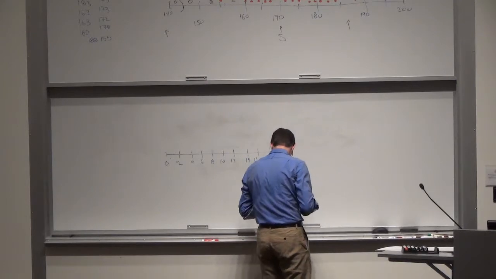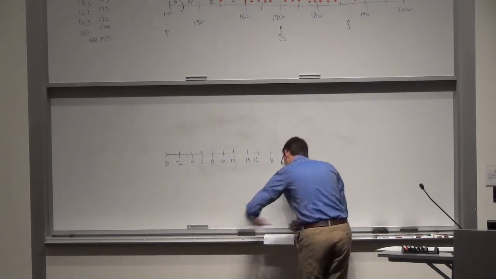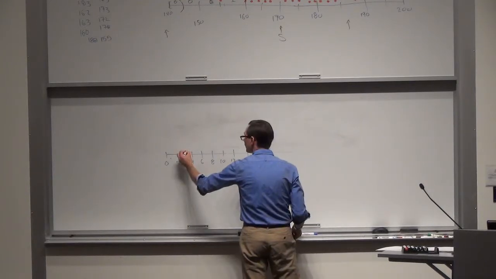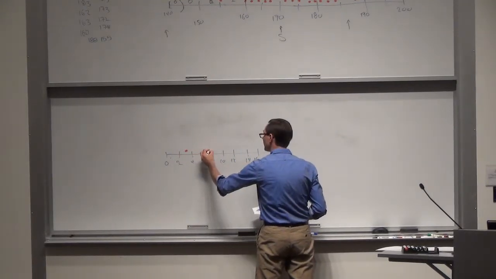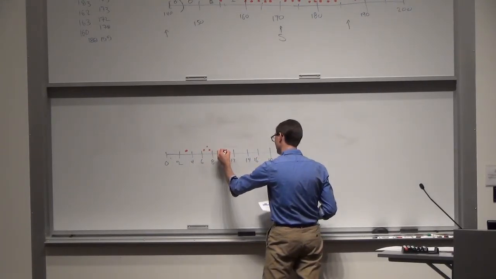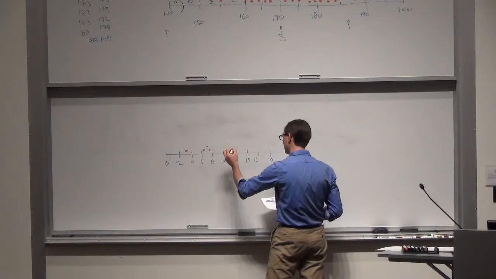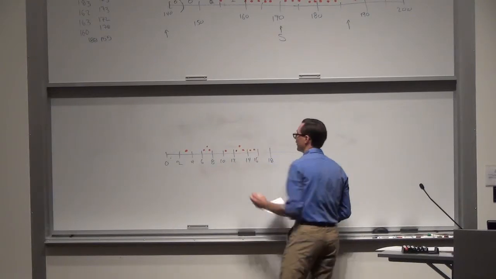I'm pretty sure I can count by twos to 20. Let's put a dot here. 3 dots here. Dot here. 3 dots here. 2 dots there.